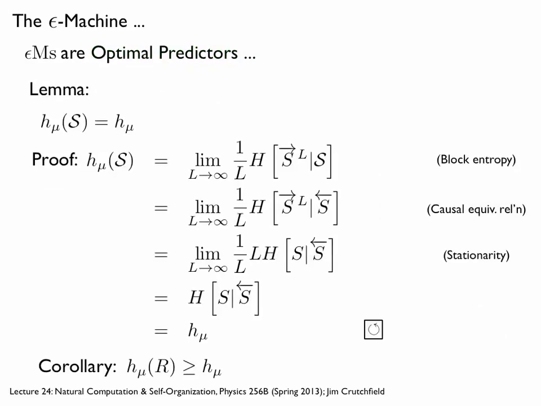A couple quick observations, essentially. Remember, we had how random the process is based on different rival models. Well, you can show that if we choose the causal states, we actually end up with the process's entropy rate. Not surprising, because knowing the causal state is as good as knowing the past of the process.